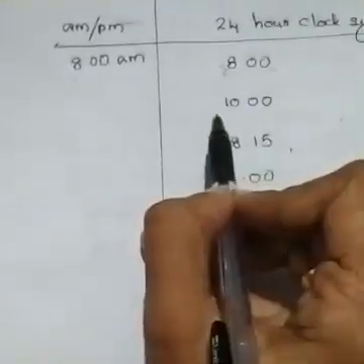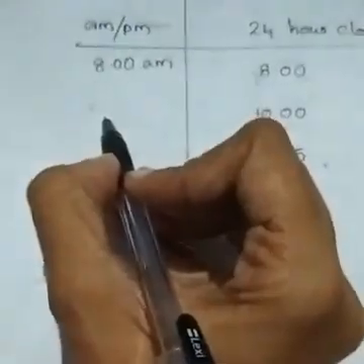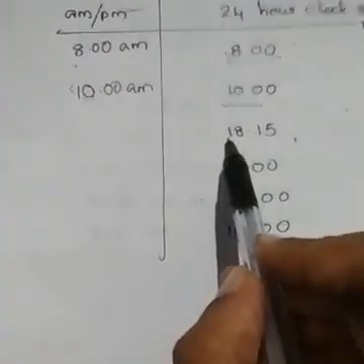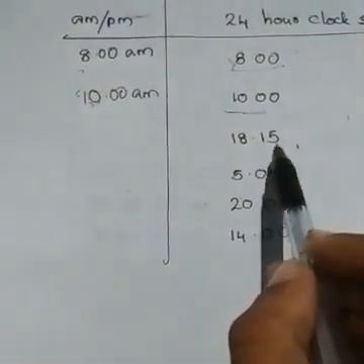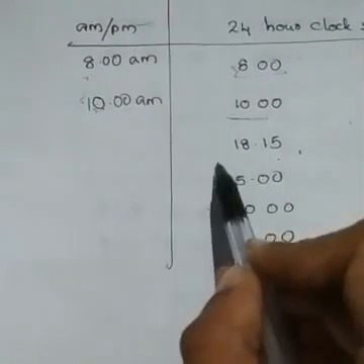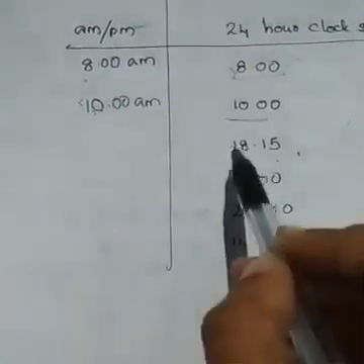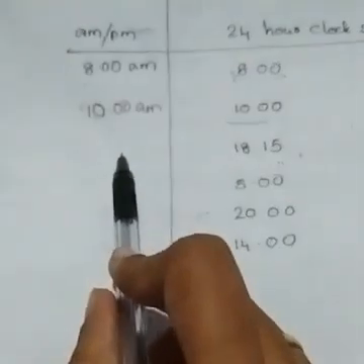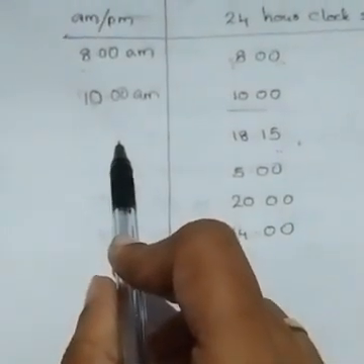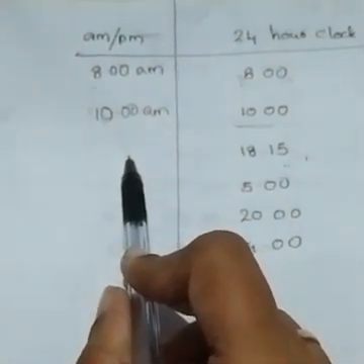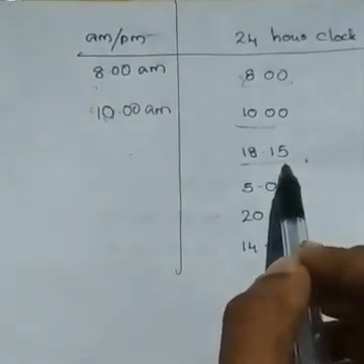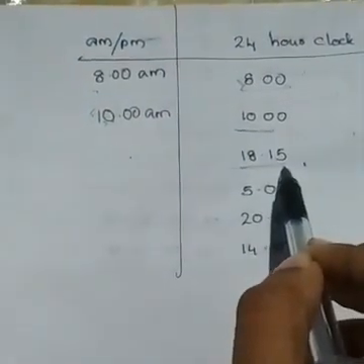What is the time here? Here 10. What comes here? Yes, 10 AM. Here the time is 18:15 hours. This is more than 12. How can we find the time here? In 12-hour clock system, there is no 18:15 time.